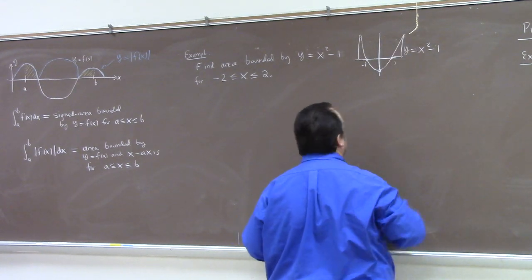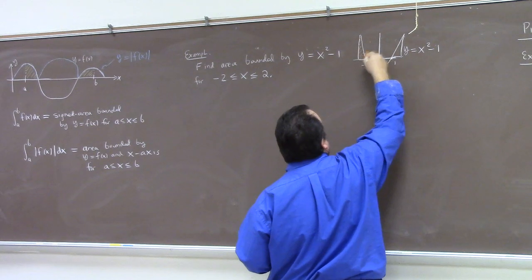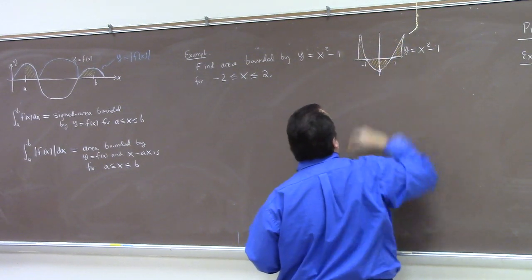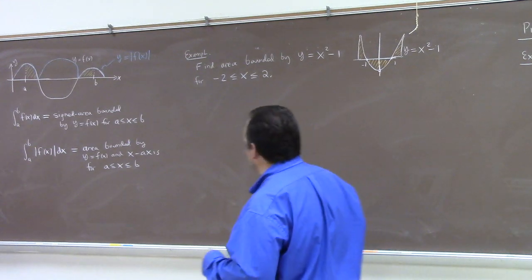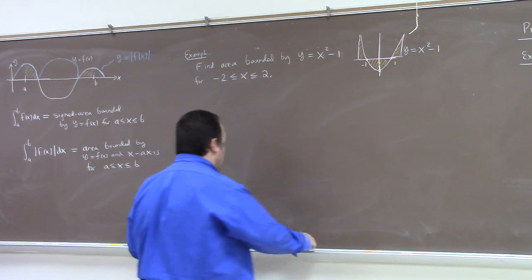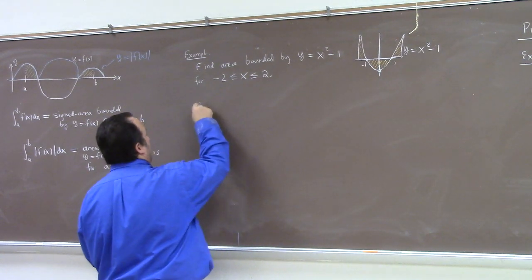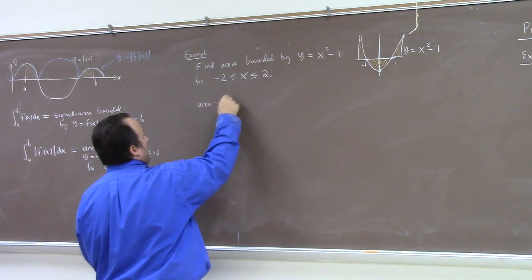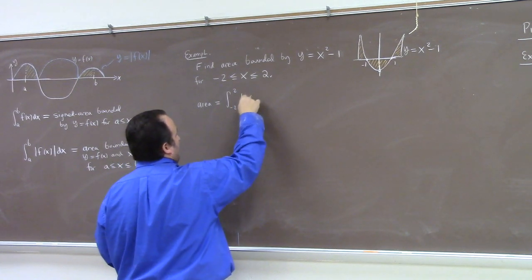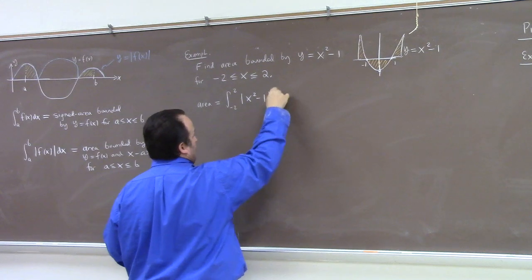We've got this area and this area and also this middle area. We need all of those. So the area is the integral from minus 2 to 2 of the absolute value of x squared minus 1 dx.